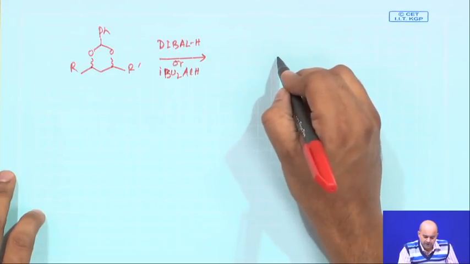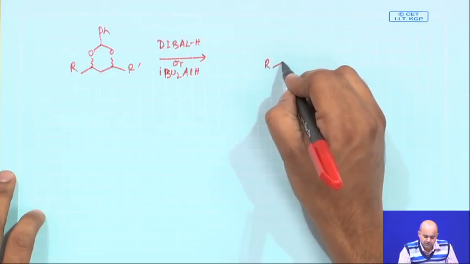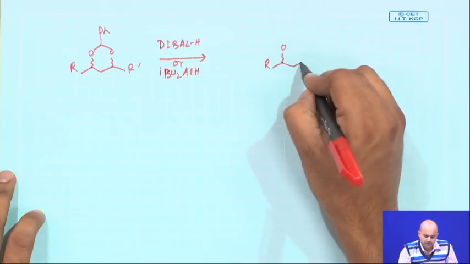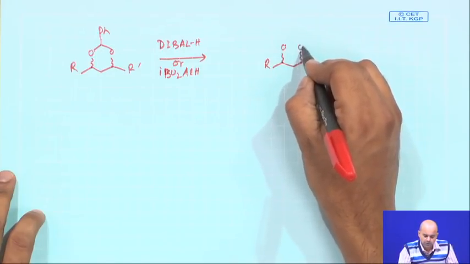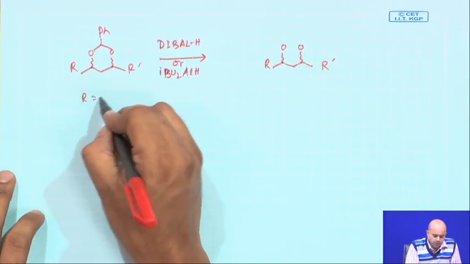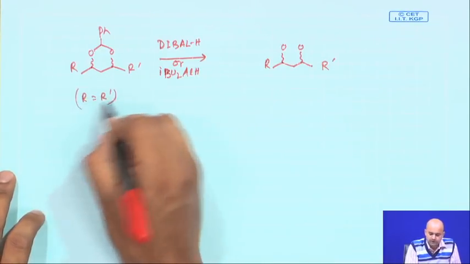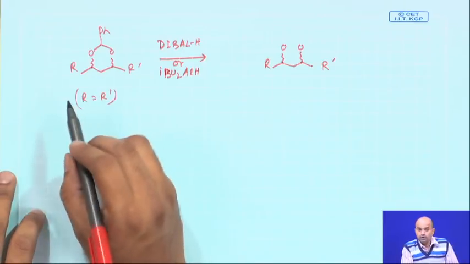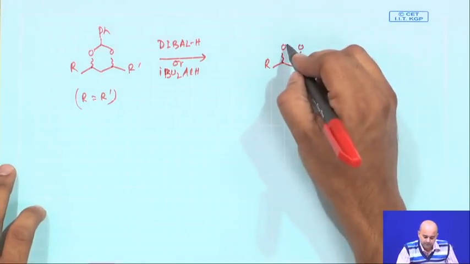So, you will find that in the initial stage this DIBAL will be, now we say that R equal to R prime, meaning these groups are equivalent. So, we will talk about this symmetrical acetal.